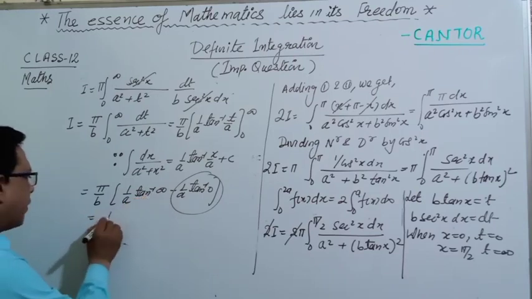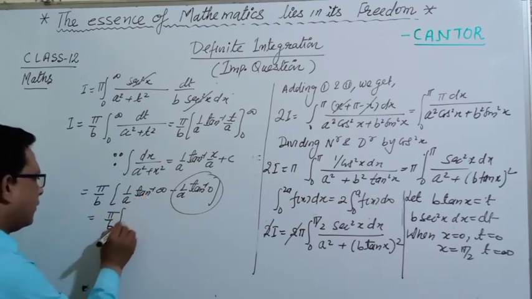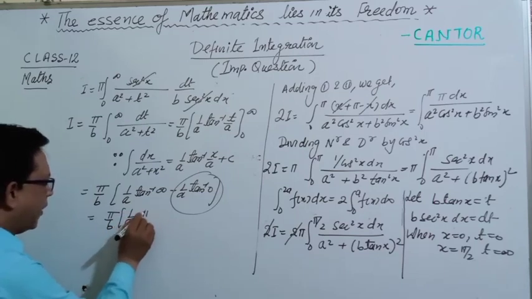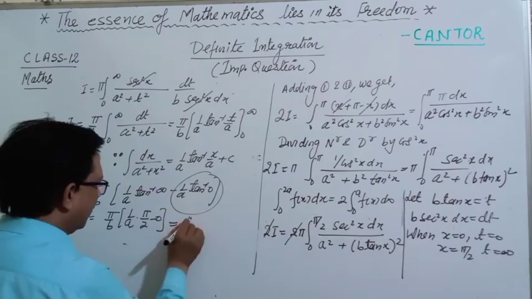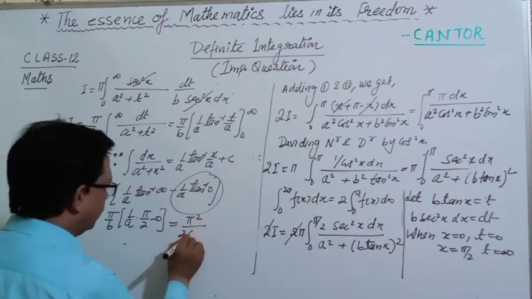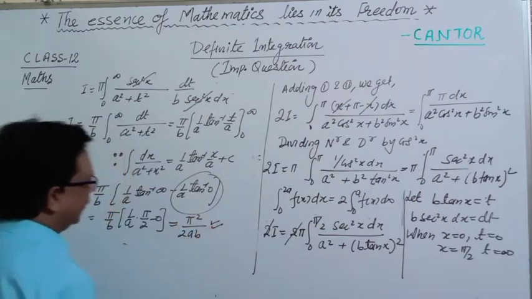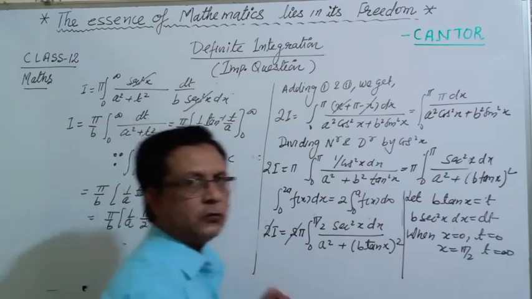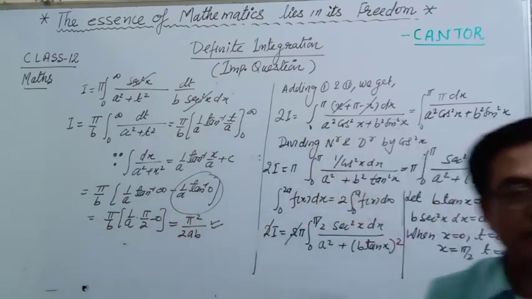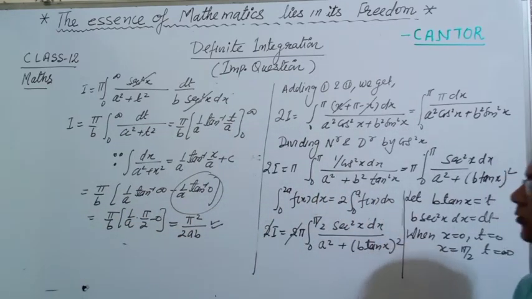So this is pi upon b times 1 upon a times pi by 2 minus 0. After solving this, we get pi square upon 2ab. This is your final answer. So student, note this question and practice it, because these questions are very important for your board examination.